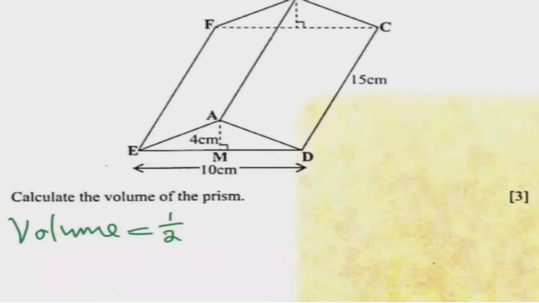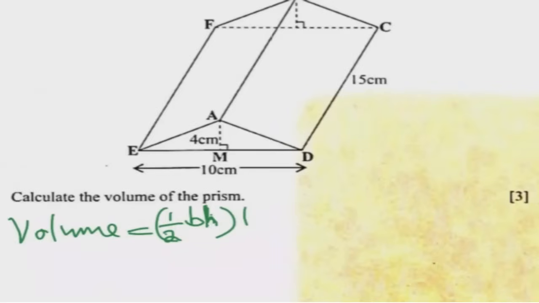Okay, it's okay if you write 1 over 2 times BH times L.